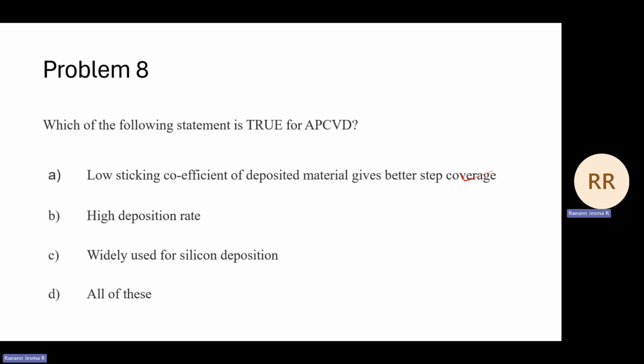Then the third one, widely used for silicon deposition. Since it has a higher growth rate, it can also be used for depositing silicon.